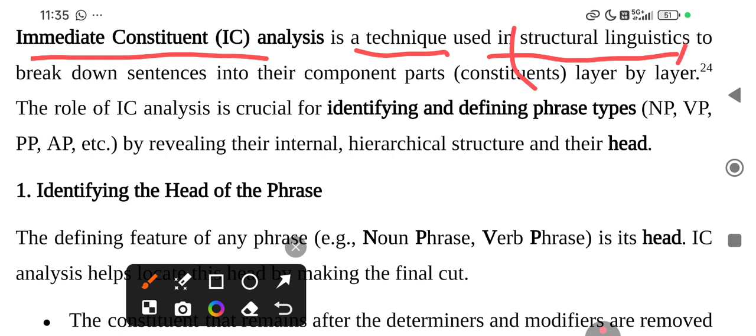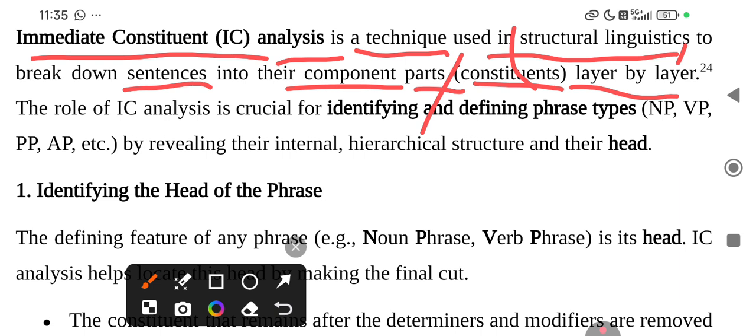IC analysis, which is used in structural linguistics to break down sentences into their component parts, or constituents. This analysis is done by breaking down a sentence into its component parts or constituents, layer by layer, right?